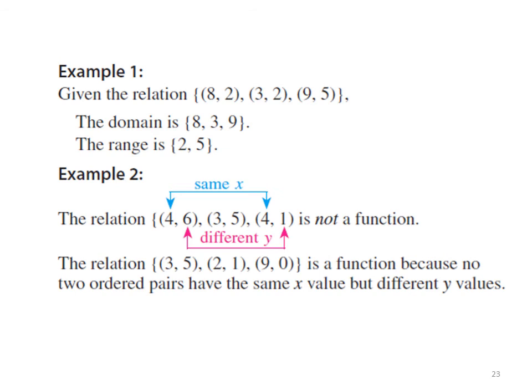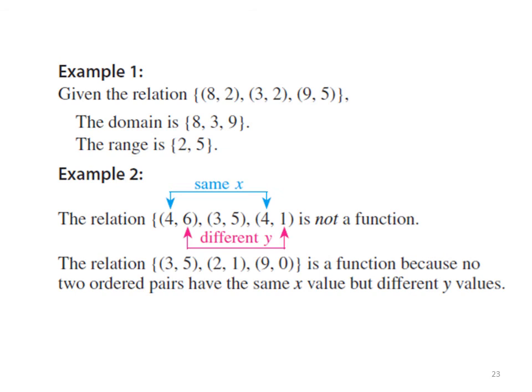Let's look at a relation and see if it gives us a function or not. This relation now has the ordered pairs (4, 6), (3, 5), and (4, 1). This is not a function because if you look at the first and third pair, they share the same value for x but different values of y. This relation assigns 2 different values for the same x in the domain.